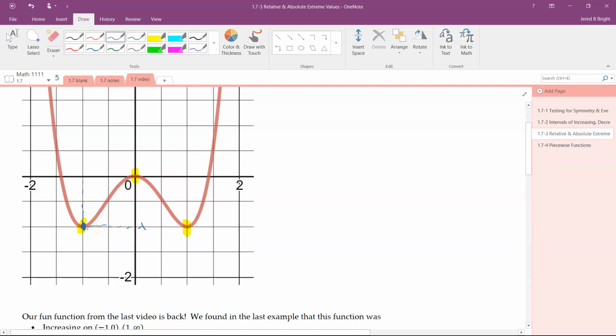So we would say that's going to be a minimum. Similarly, at x equal to 0, the origin, we would say there's going to be a relative maximum because it's the highest value in that region. Again, the thickness of the line might be misleading, but it's meant to be a hill there. And then we have another valley down here, so that's going to be a local minimum.